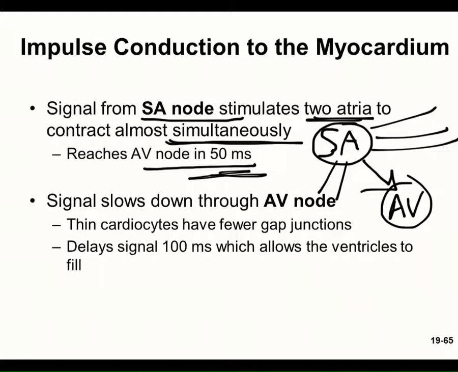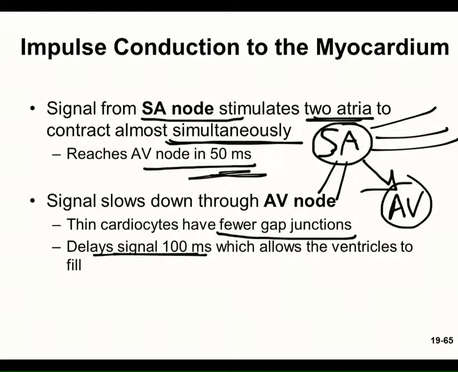The problem is, though, the cells in the AV node have fewer gap junctions. They have basically a less developed intercalated disc. So even though the signal gets to them very, very quickly, it takes a little bit longer for the ventricles to get that signal. There's a delay.